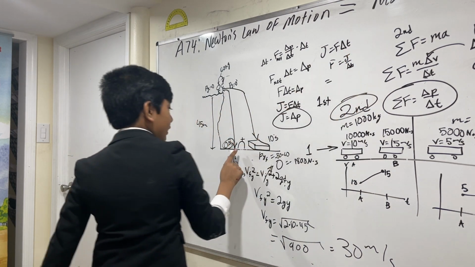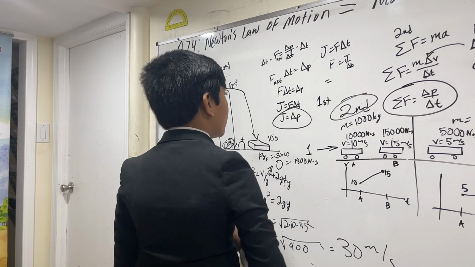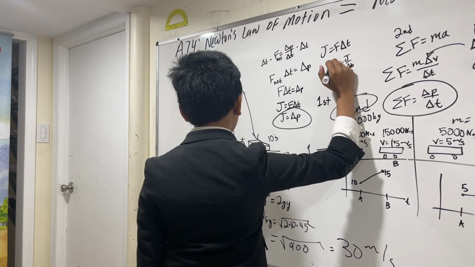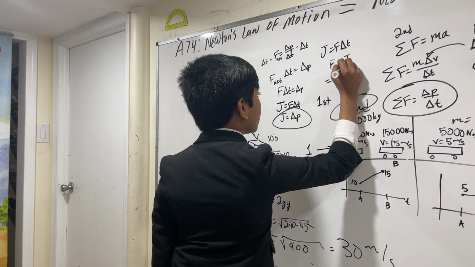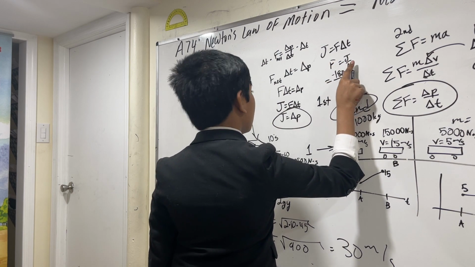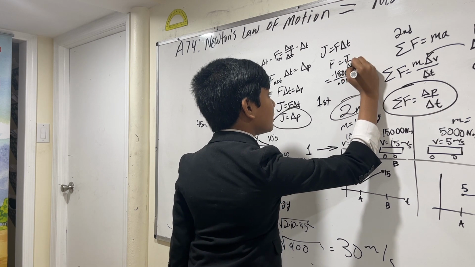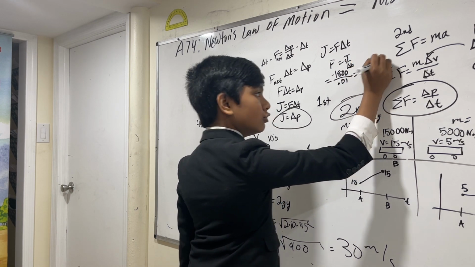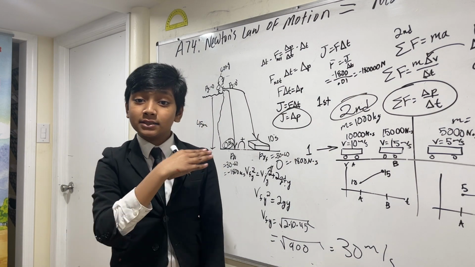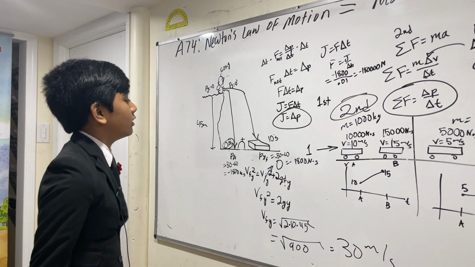So for the guy who, sadly, landed on the dirt, the average force exerted on him would have been negative 1800 over delta T, which was 0.01 seconds. So that means he would have experienced 180,000 newtons. And that's exactly why he got sent off to the afterlife.